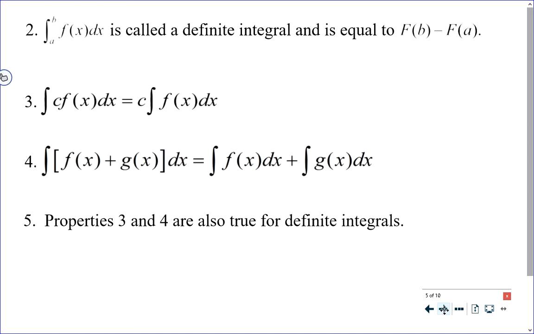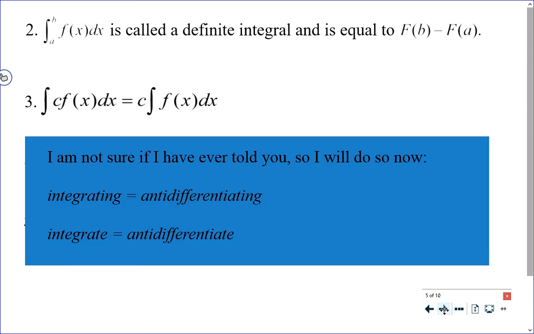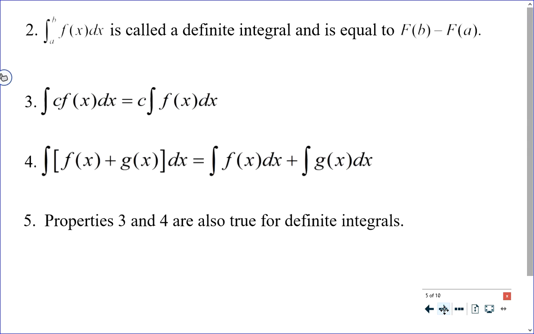Let's talk about property 3. All property 3 says, and we used it the other day, I believe, is that instead of integrating a constant multiplied by a function, you can always factor that constant out. I want to just correct something though.